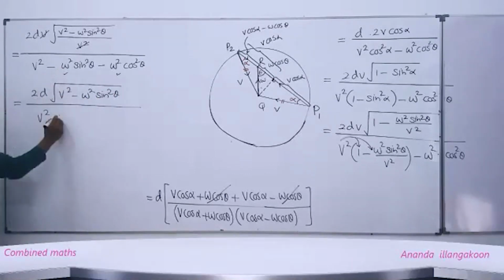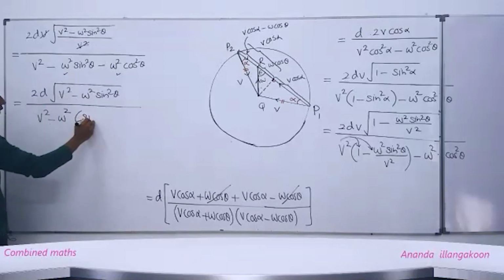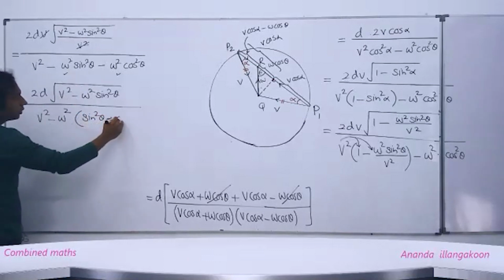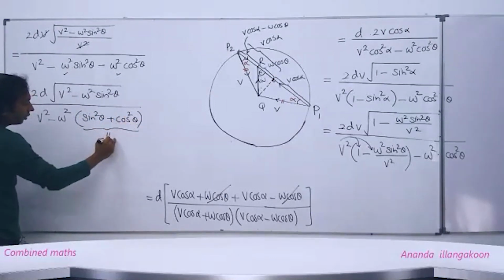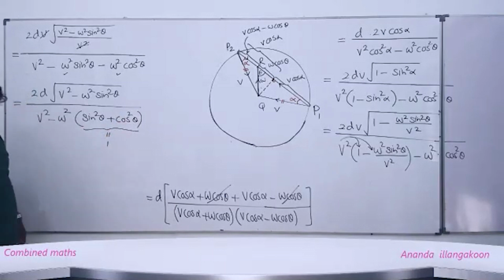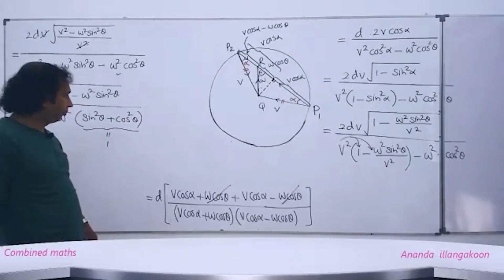Take this w squared out. Then once you take w squared out, people, this is now sine squared theta plus this is now cos squared theta. People, you know sine squared theta plus cos squared theta is 1. This is 1, right?